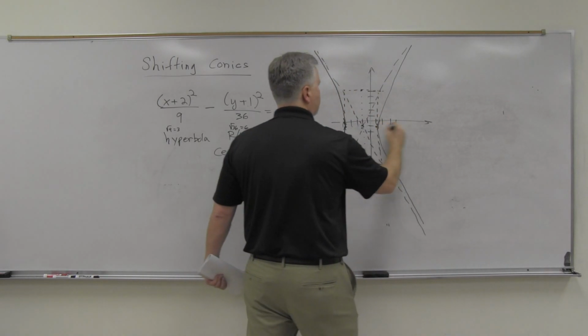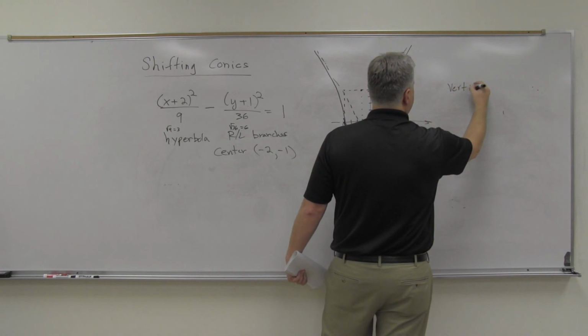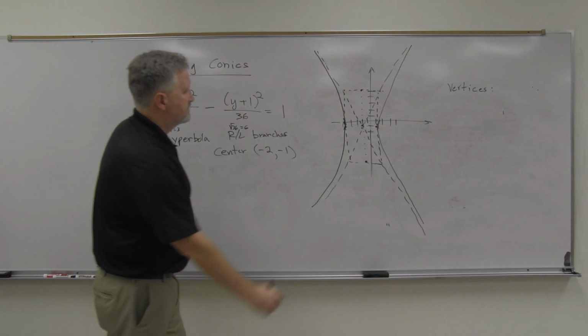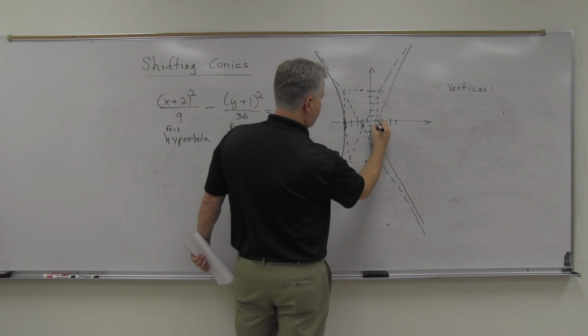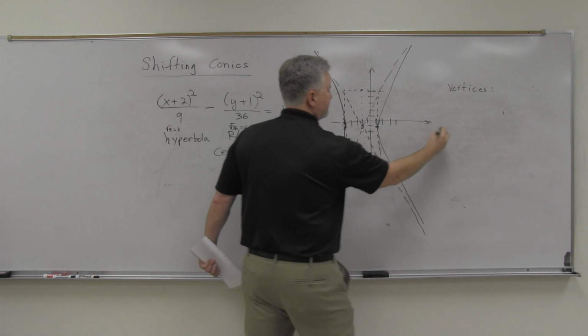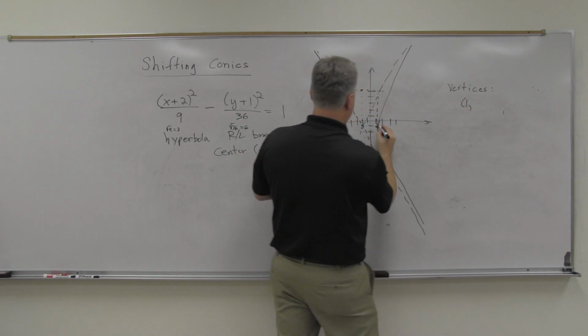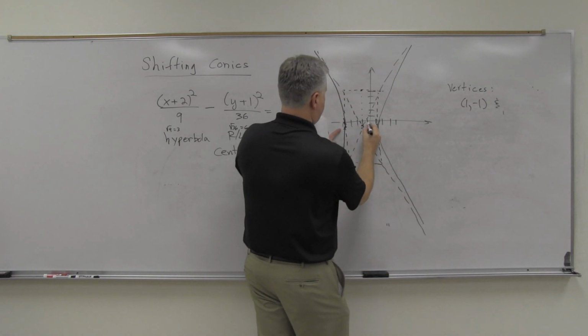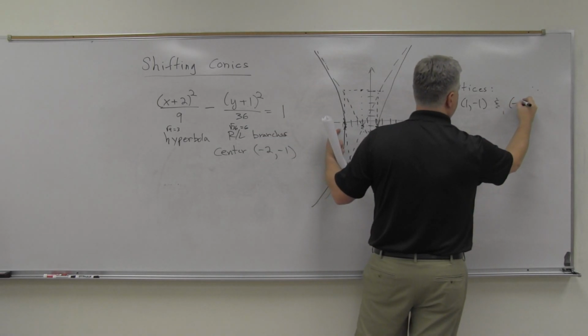Yeah, that's my vertices there. So that would be 1, comma, negative 1. And then that one is 1, 2, 3, 4, 5, negative 1. Negative 5, negative 1.